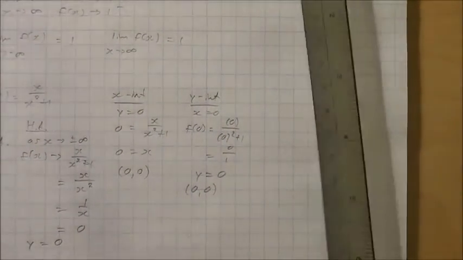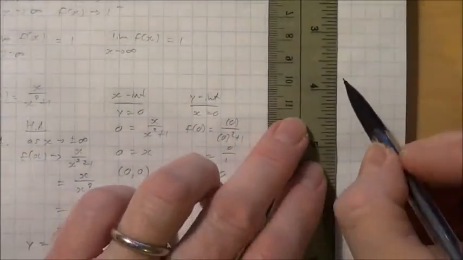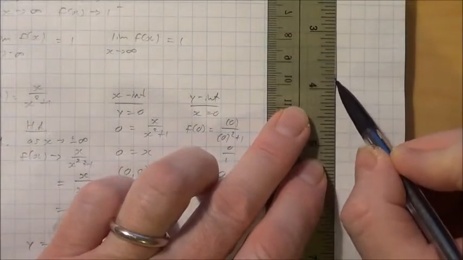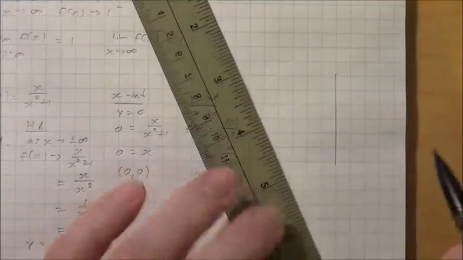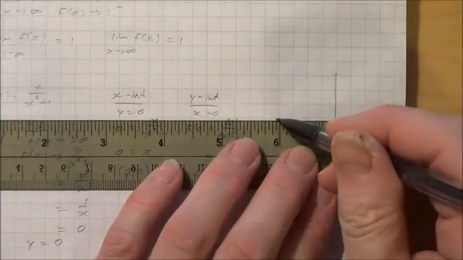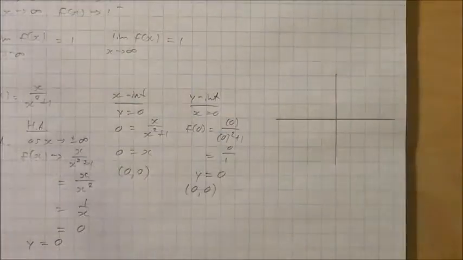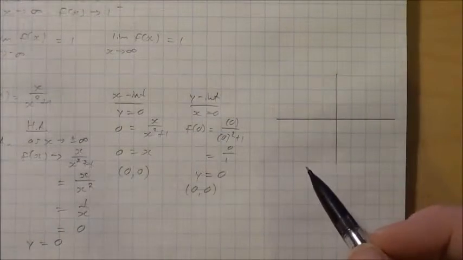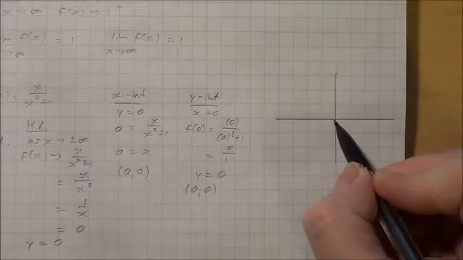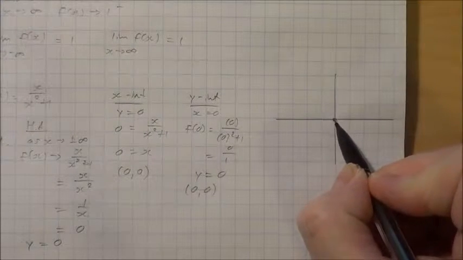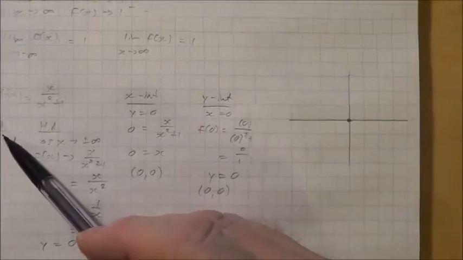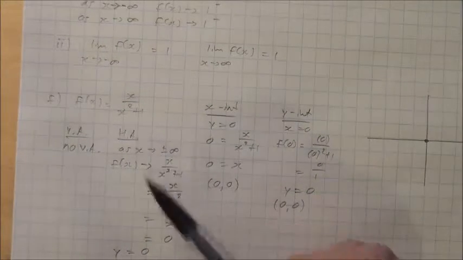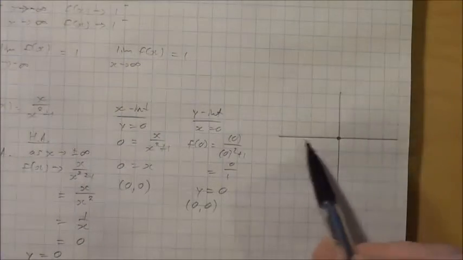Okay, I didn't prepare this before, so we'll have a little Cartesian plane here. We have the x and y intercepts at the origin. There are no vertical asymptotes. The horizontal asymptote is 0, which is the x-axis.